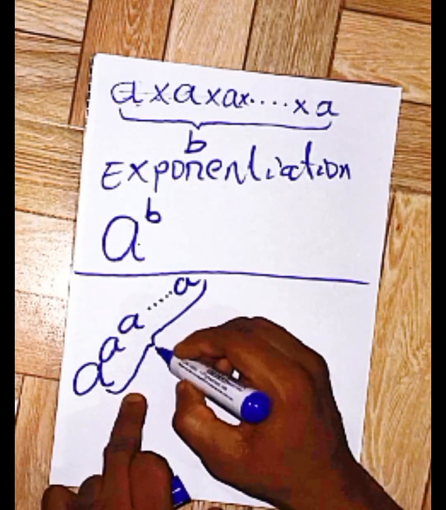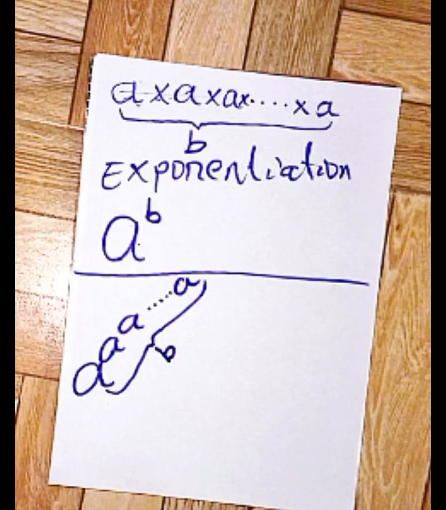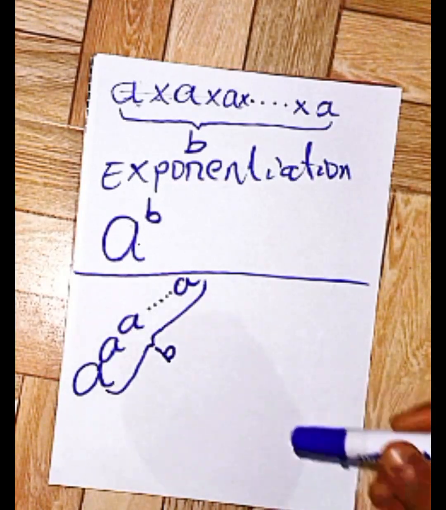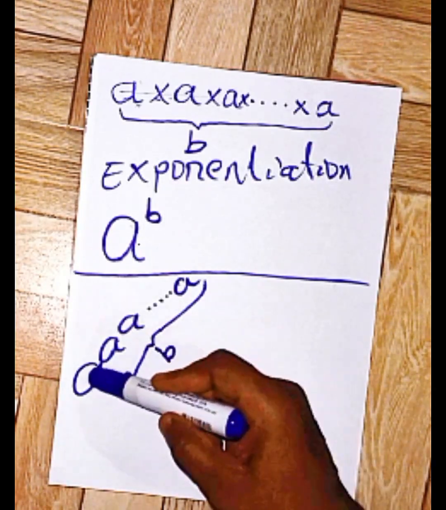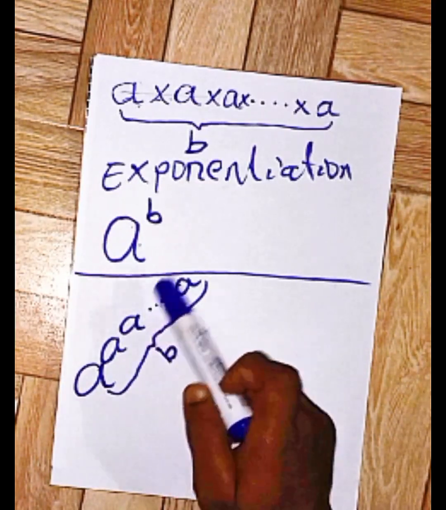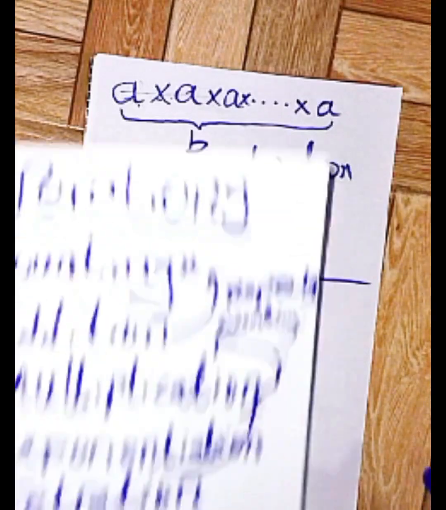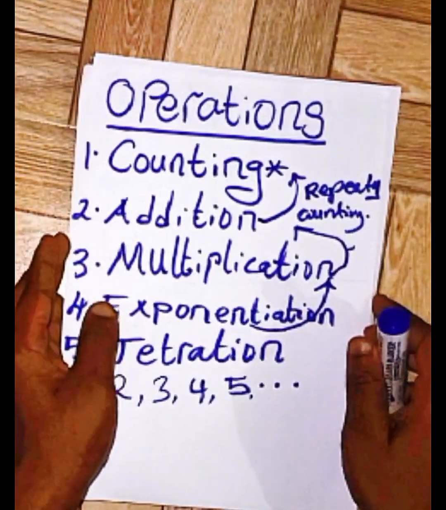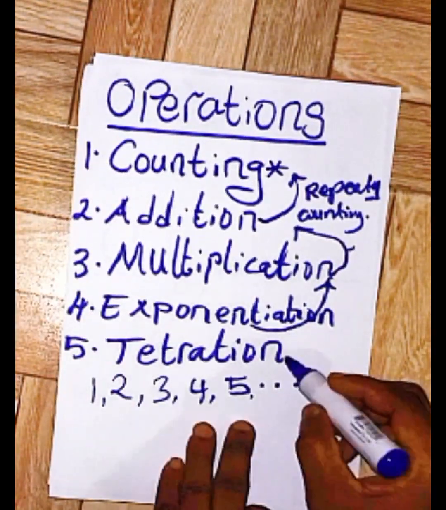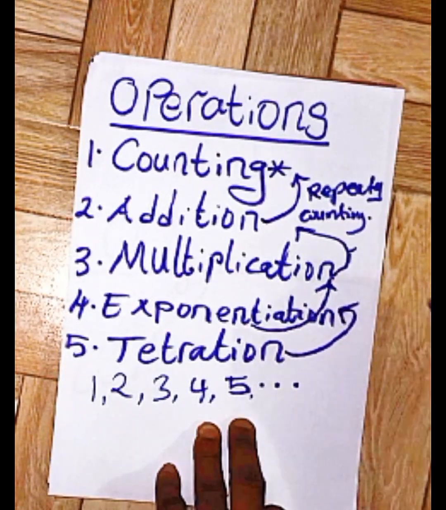There is a way you can also simplify it if you have b of the a's in this tower. The tower, the b counts all the elements in the tower, including the base. So b, a raised to the power a raised to the power a raised to the power a. It includes the base. But that operation is also called tetration. Tetration is repeated exponentiation.